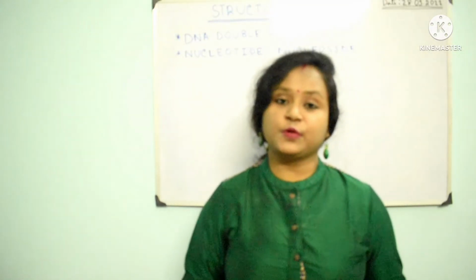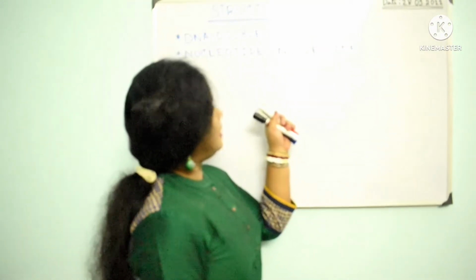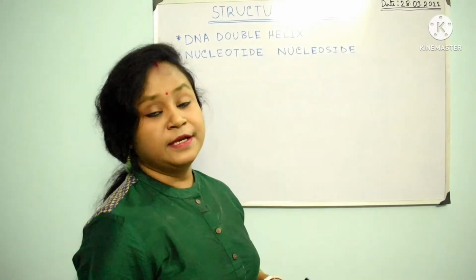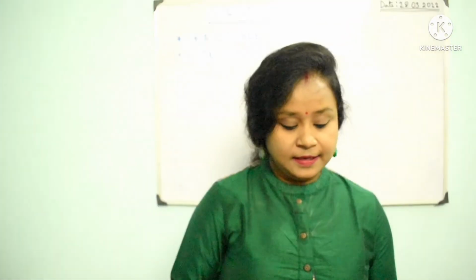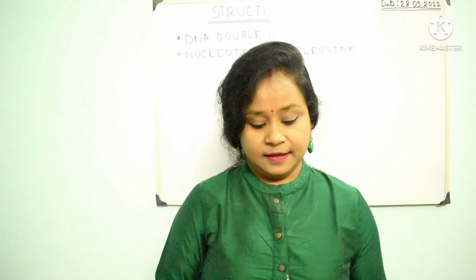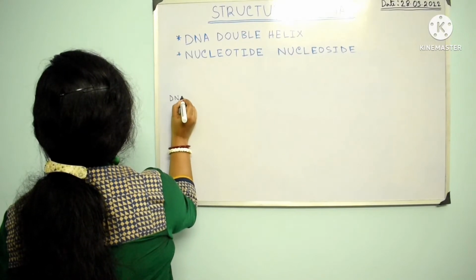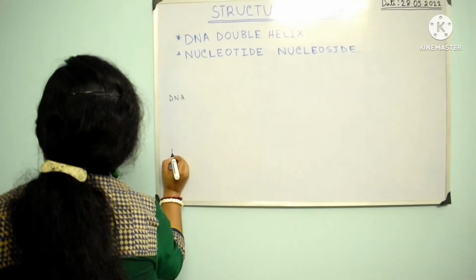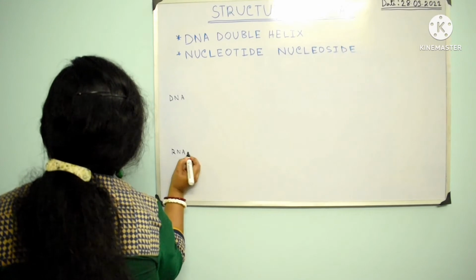Finally, let's draw some nucleoside and nucleotide, and let's make a table and look at how names are formed here. DNA and RNA.